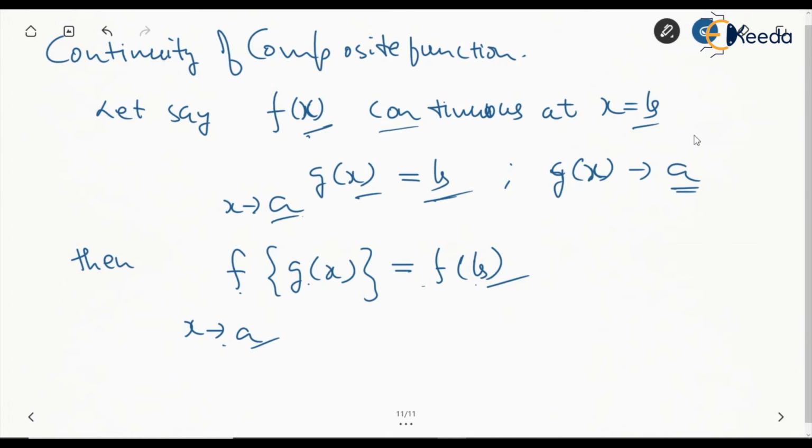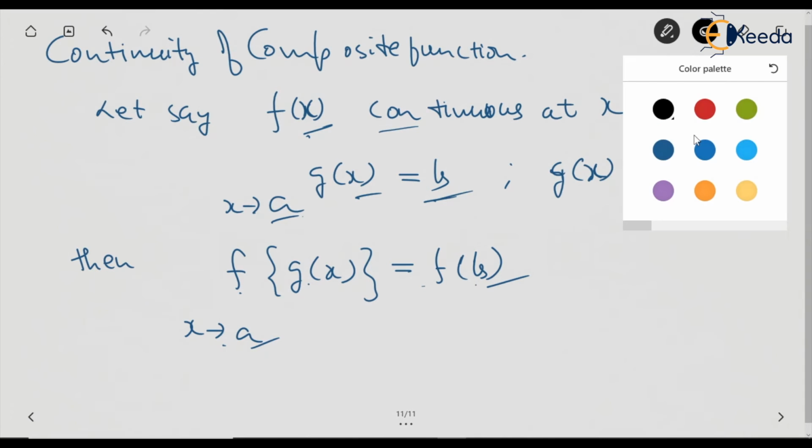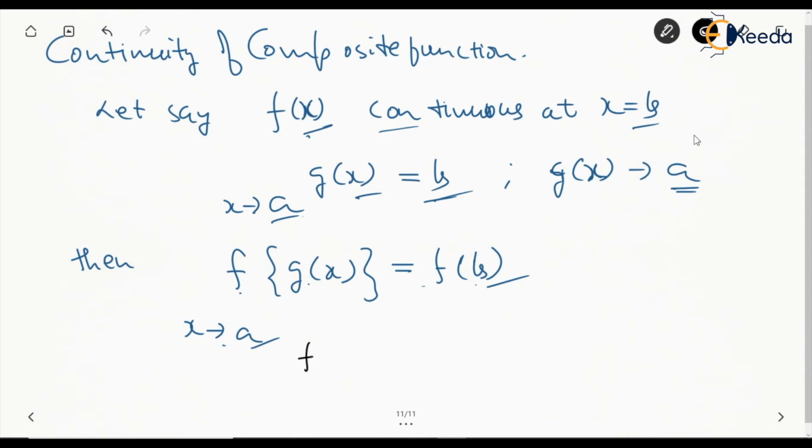Also, you can write it in this manner, that the function f of x equal to, let's say, g of h of x, right? F of x is g of h of x, where g and h are continuous.